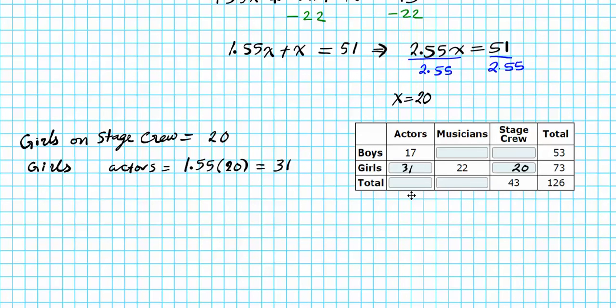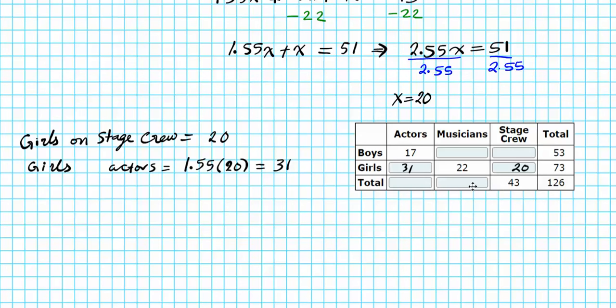Okay, now, which row or column has just one missing element? That's the one we can figure out next. So if you look at boys, we have two missing here, so we can't do that one. If you look at the column for musicians, you have two missing, so we can't do this.